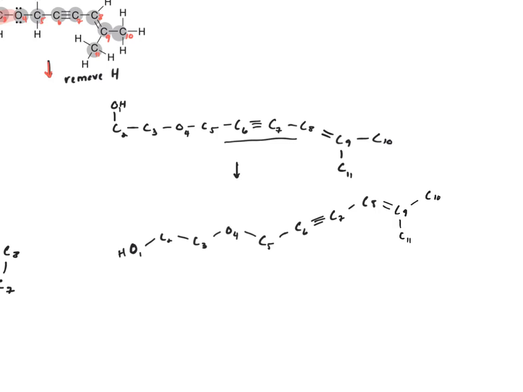Okay, so now we'll go ahead and just replace the carbons. So we end up getting some sort of like 1, 2, 3, 4, 5, up, down, up, double bond. So overall, we're going to have an oxygen.